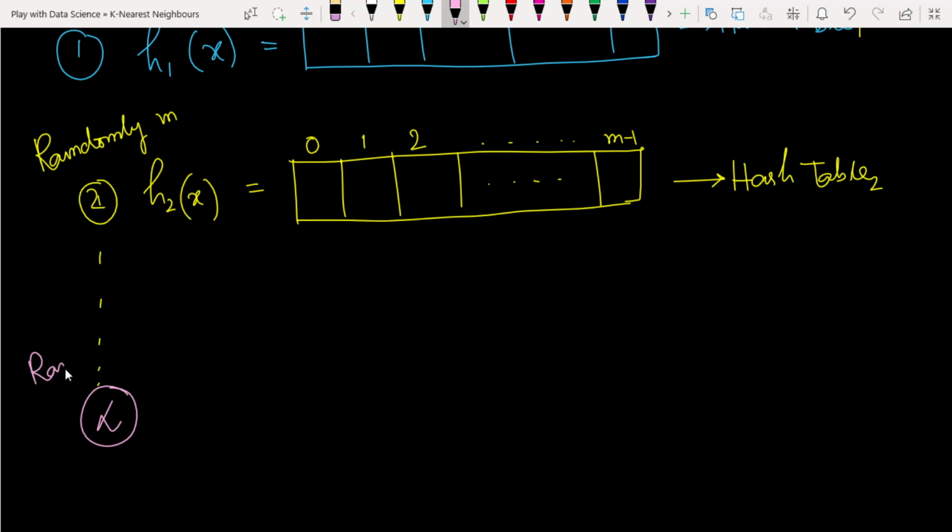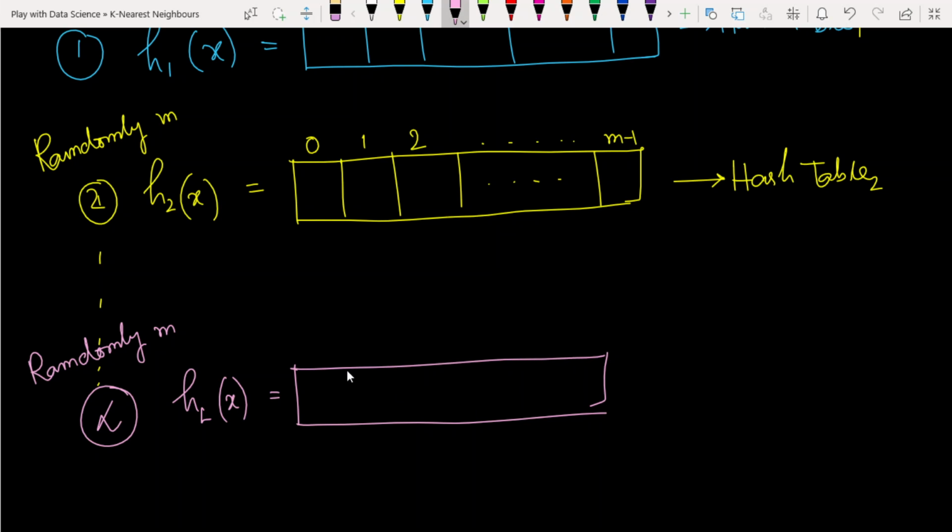Again, we randomly generate m values, and again we consider functions 0, 1, 2 up to m minus 1, and suppose its hash table l.